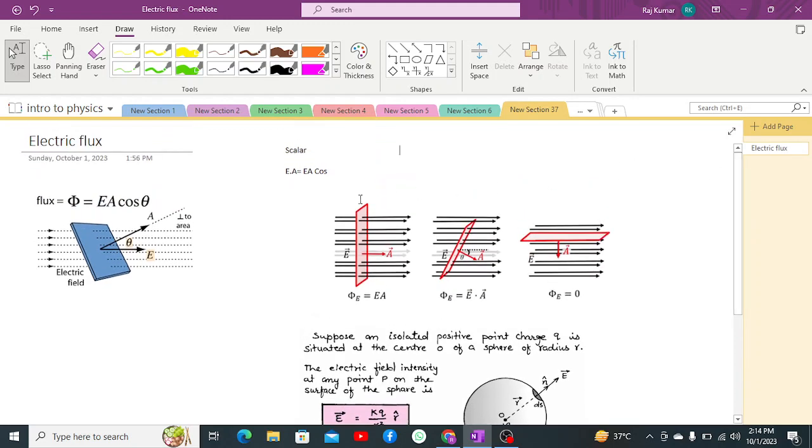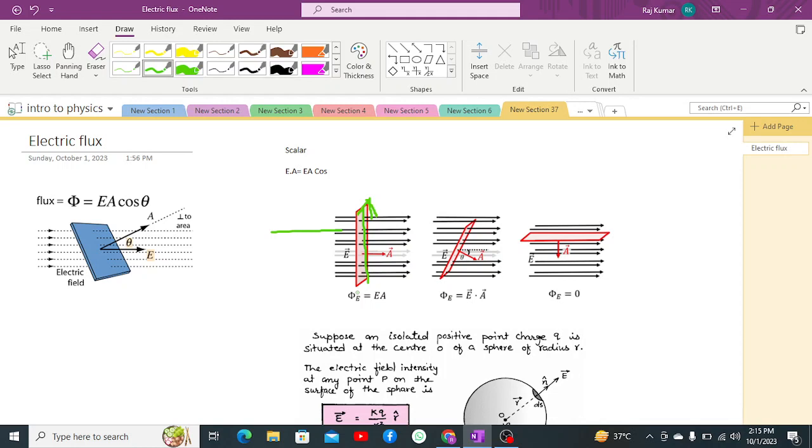There is an exceptional case here. As we know, the electric field lines of force are perpendicular to the surface. If the small element of vector area A is kept perpendicular to the surface, then its direction is parallel to the electric field lines, and the electric flux produced will be maximum.